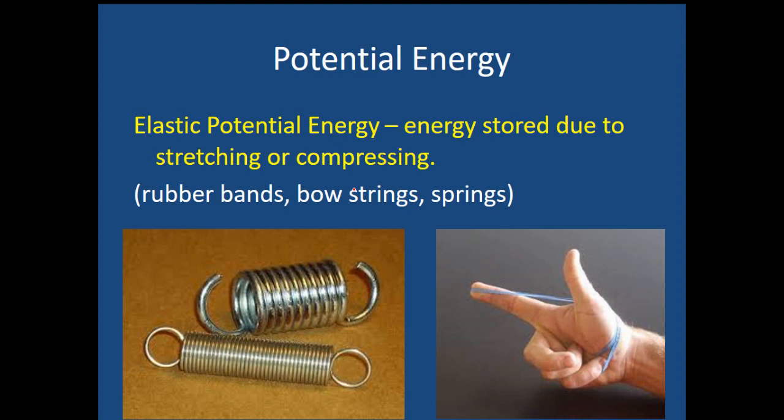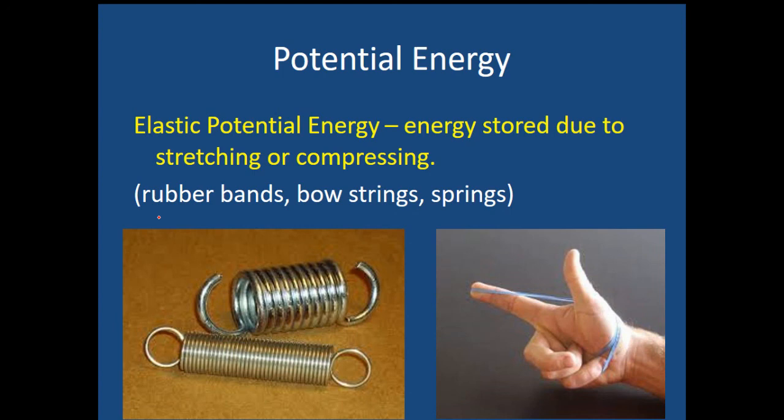Another type of potential energy is elastic potential energy. This is the energy stored due to stretching or compressing. If we go back to the bow situation, the compound bow or recurve bow, those are dealing along the lines of elastic potential energy. Another example is a rubber band.